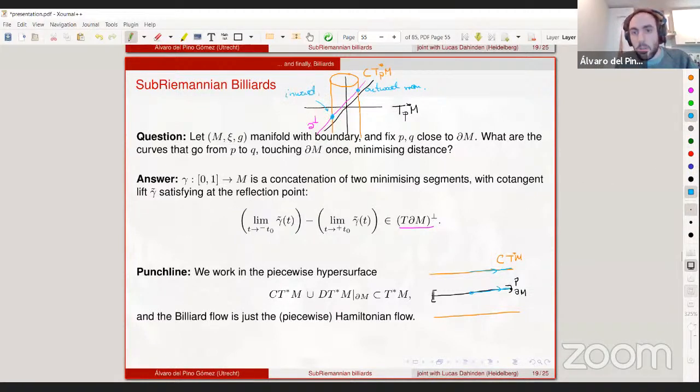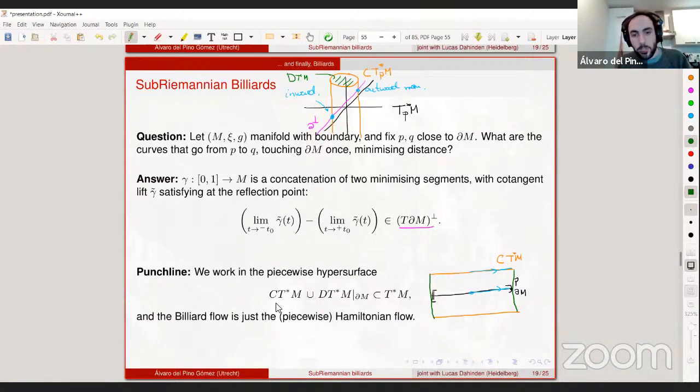And what is going on is that if, instead of taking the cylinder, you take the solid cylinder, which I call D*M, then what you're doing is capping off this orange hypersurface in cotangent space vertically.